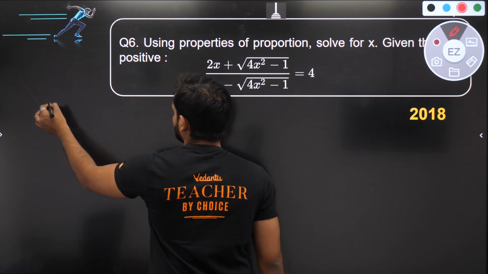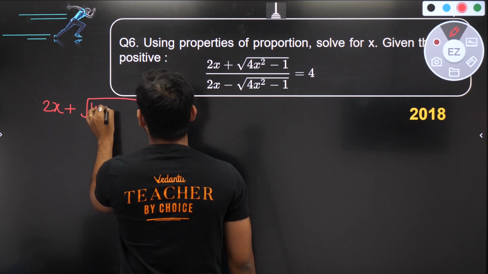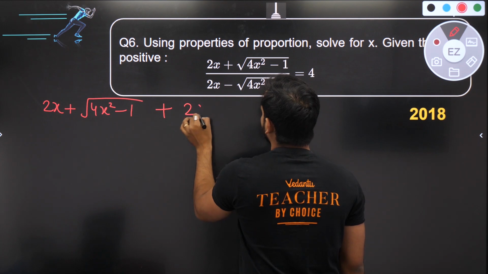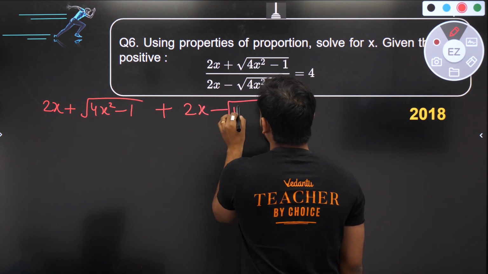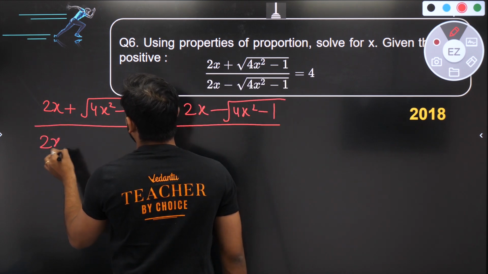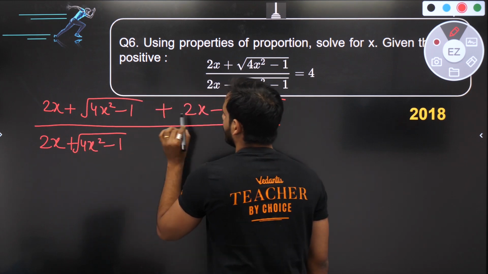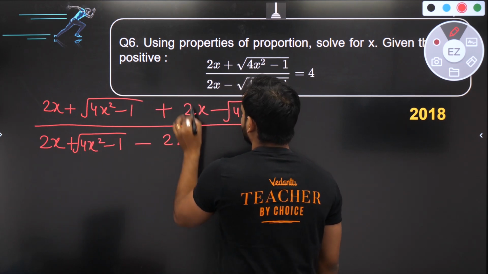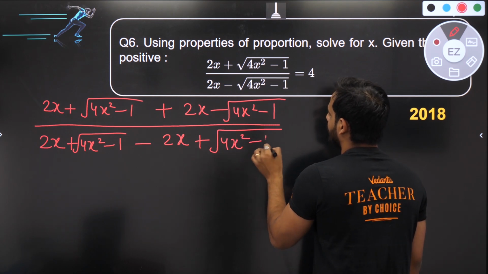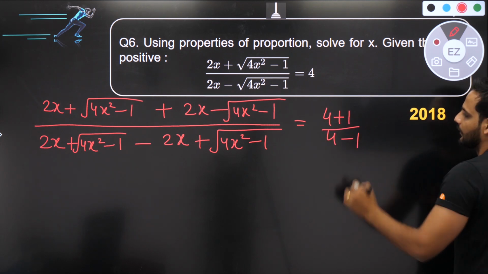So you can say it will be equal to 2x plus under root of 4x square minus 1 plus 2x minus under root of 4x square minus 1, whole divided by 2x plus under root of 4x square minus 1 minus 2x, and minus into minus is plus under root of 4x square minus 1, is equal to 4 plus 1 upon 4 minus 1.